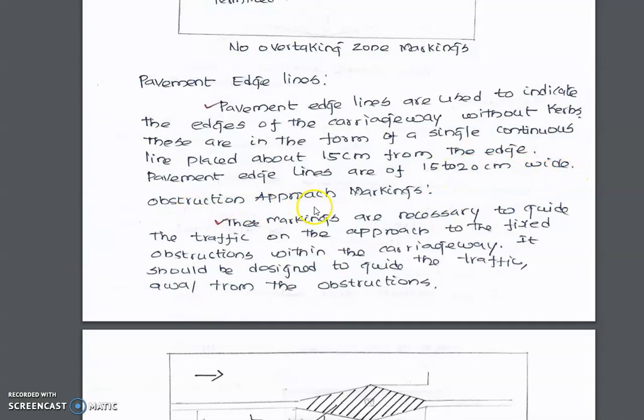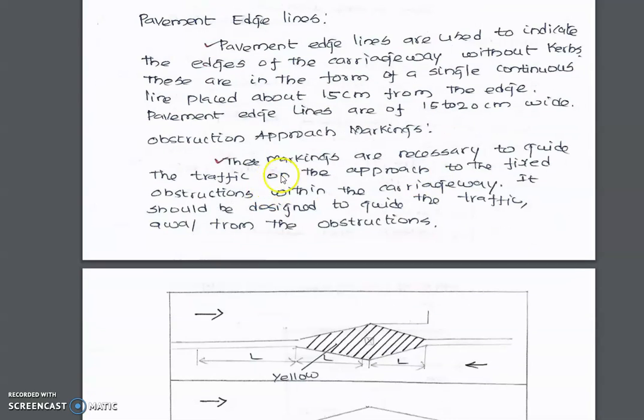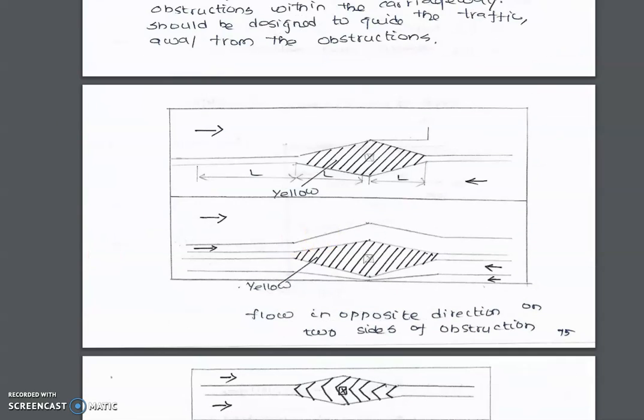Whereas the obstruction approach markings are necessary to guide the traffic on the approach to fixed obstructions within the carriageway. They should be designed to guide the traffic away from the obstruction. In this way they are marked in yellow color.